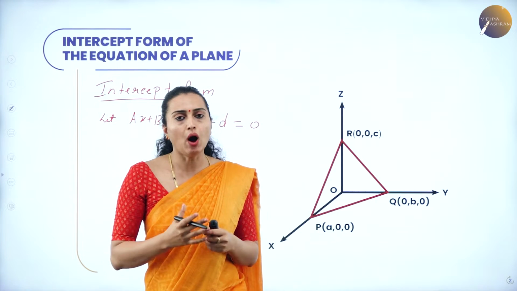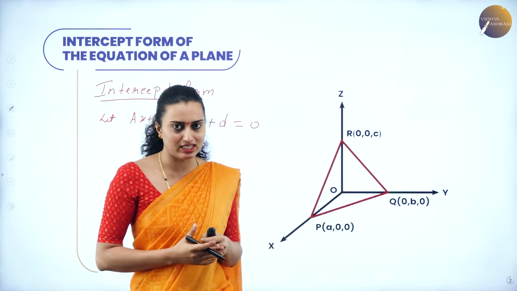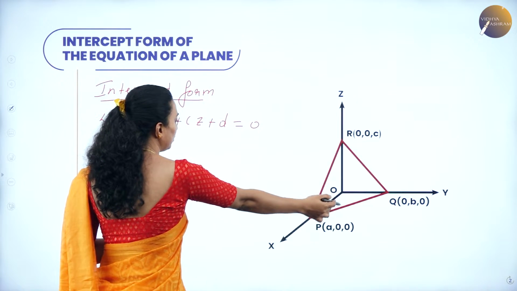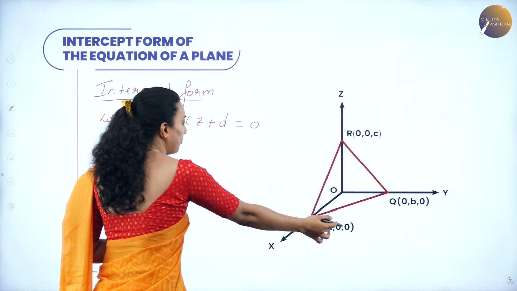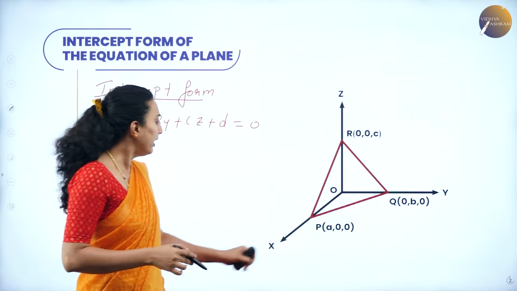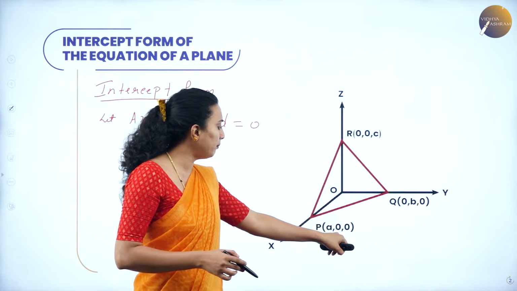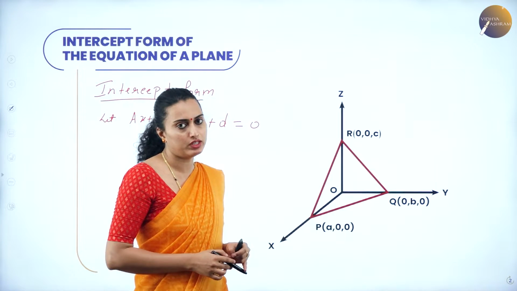So here, how am I going to substitute? Since the x-axis is passing through the point A, 0, 0, I can take x equal to A, y equal to 0, z equal to 0.